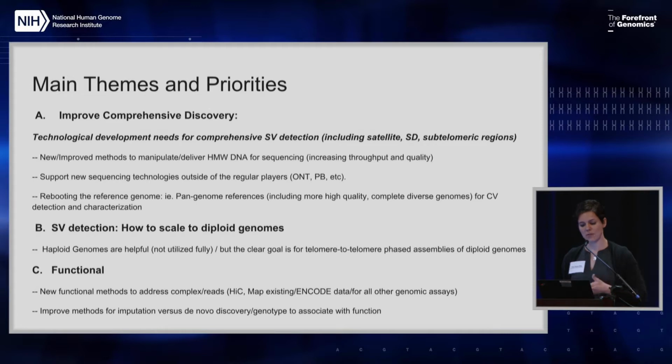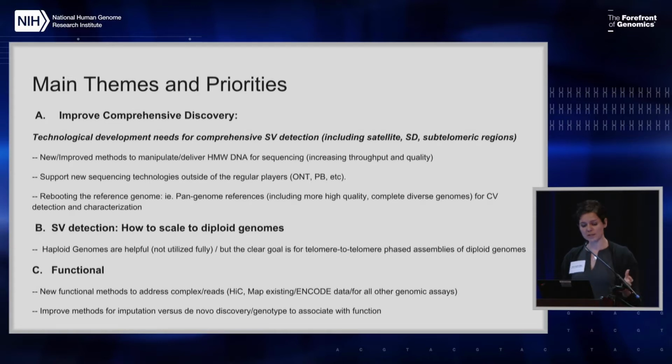This is the idea of moving into sequencing these high-quality reference genomes for not one or even a dozen, but moving into hundreds of individuals so we can begin to look at the resolution of the structural variation in the human population. This would be looking at high-quality, complete, diverse genomes for structural variant detection and characterization.